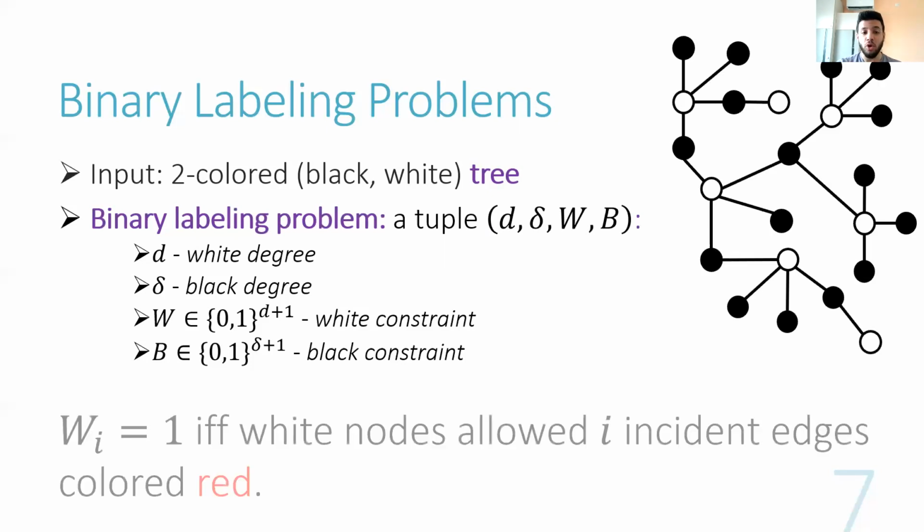Well, we are going to have that W_i is 1 if and only if white nodes are allowed to have i incident edges colored red in the final solution. And similarly for B.